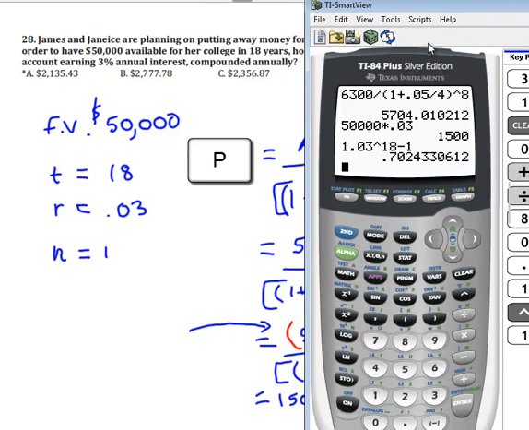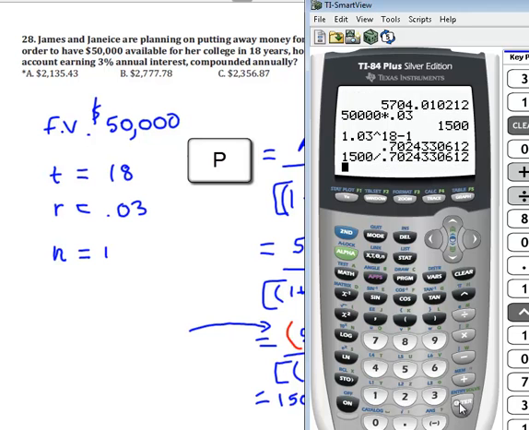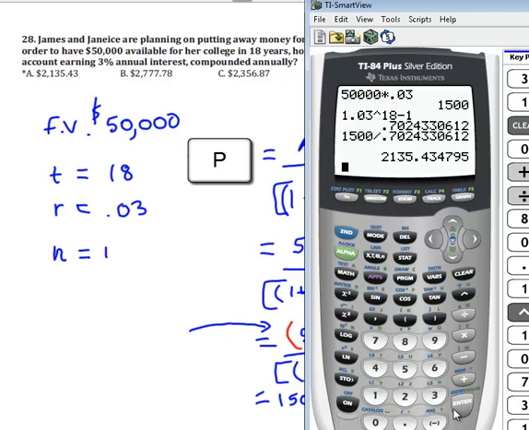All right, and so I'm going to finish it up by taking my 1,500 and dividing that by 0.7024330612. And I'm going to get 2,135 and 43 cents. So that's choice A.